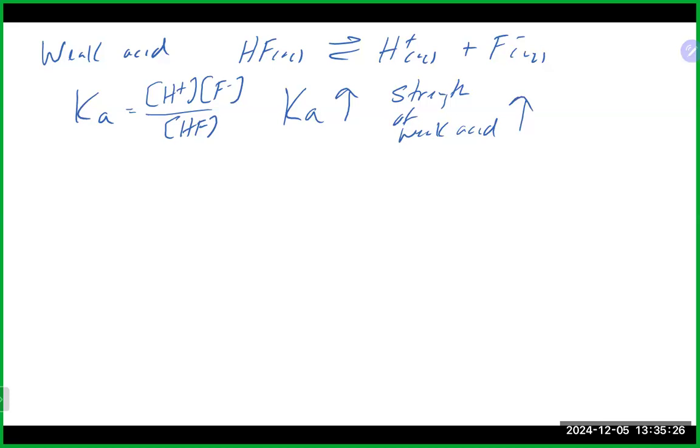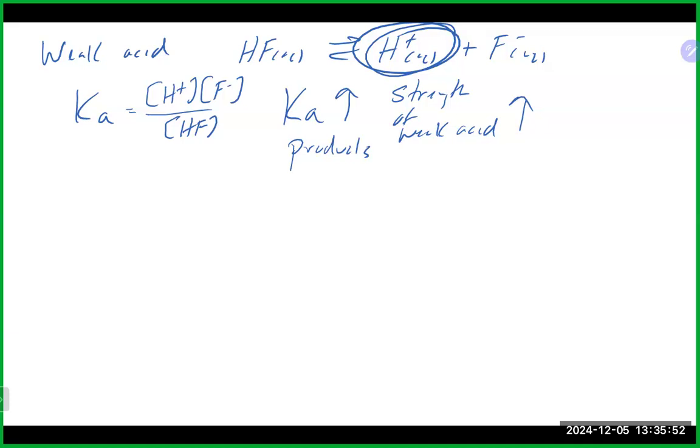That is because if I have a large K value, that means, as we normally know, that we should have mainly products at equilibrium, right? And in this case, H plus is one of my products. That means I would have a larger amount of H plus at equilibrium than if I had a smaller Ka value in this particular case.